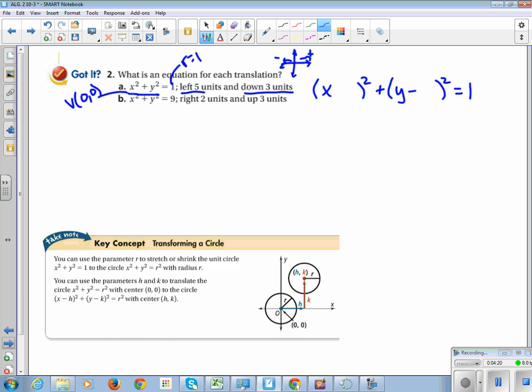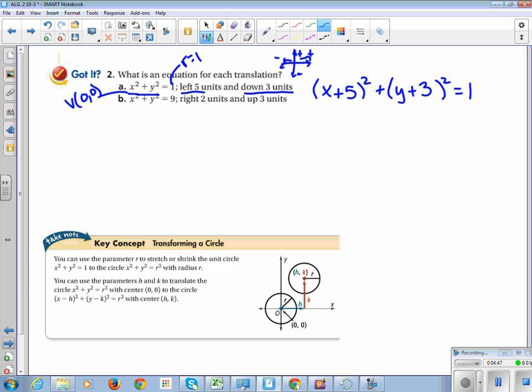So if I want to go left 5 units, that's going to be a plus 5. And for the y, if I want to go down 3 units, it's again opposite. Normally down would be negative and up would be positive, but inside these parentheses, everything is opposite. So if I want to go down 3 units, we would go plus 3.